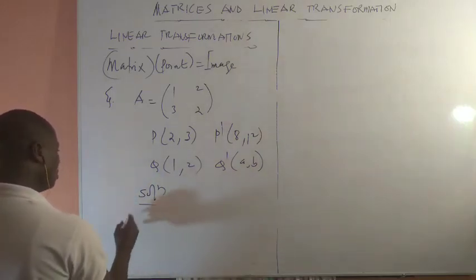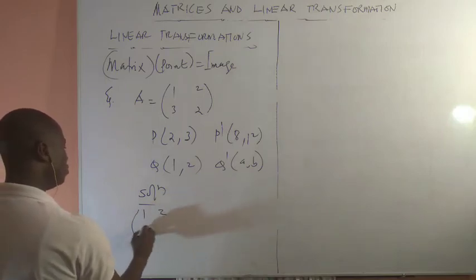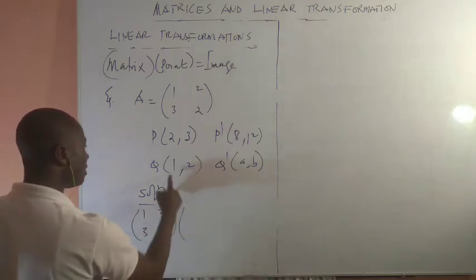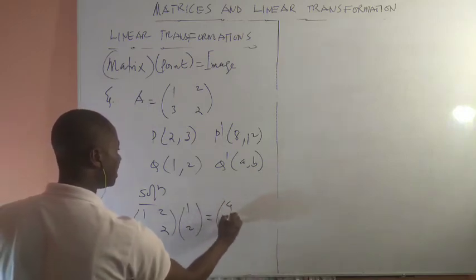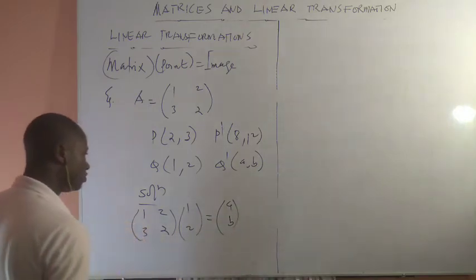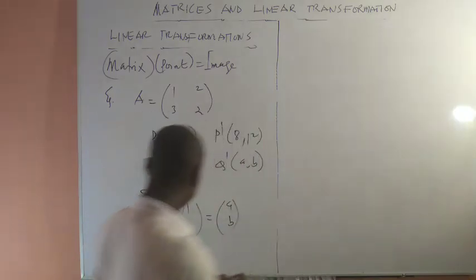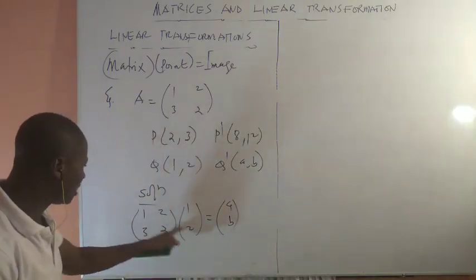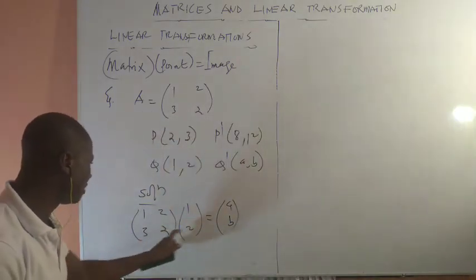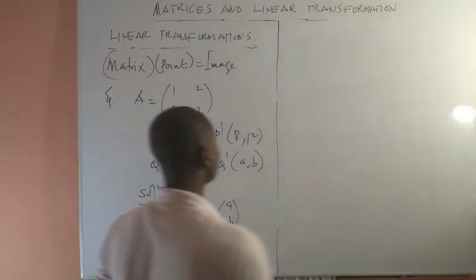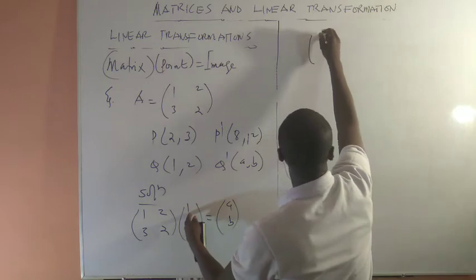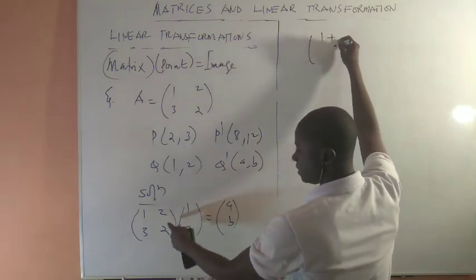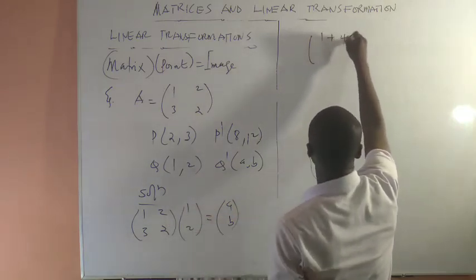Okay, so 1, 2, 3, 2 multiplied by the point, that is 1, 2, will also give us the image, that is AB. To simplify this, you are going to have 1 times 1 plus 2 times 2, then 3 times 1 plus 2 times 2, and this will be equal to AB. So we are going to have 1 times 1 is 1 plus 2 times 2 is 4.